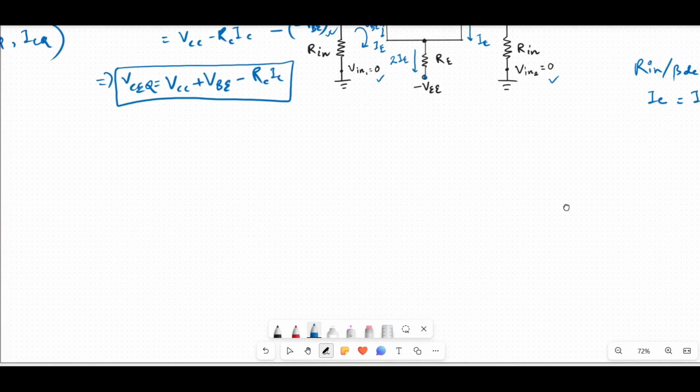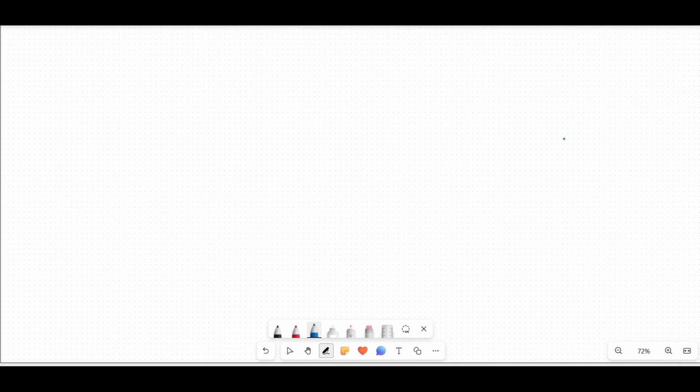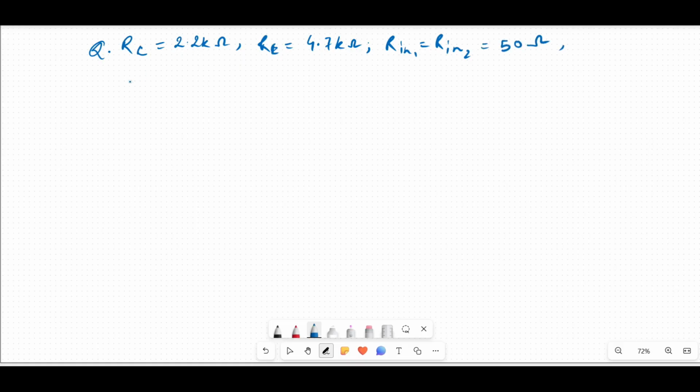Now if you want, you can go through a numerical so that you can understand it better. Let us consider a numerical where we have a dual input balanced output differential amplifier, as we have drawn in the diagram, where the value of RC is 2.2 kilo ohm, the value of RE is 4.7 kilo ohm, Rin1 equals Rin2 which is 50 ohm, and the supply voltage is plus minus 10 volts.